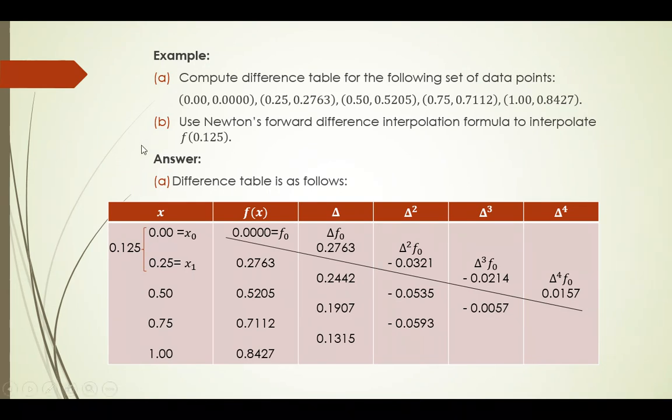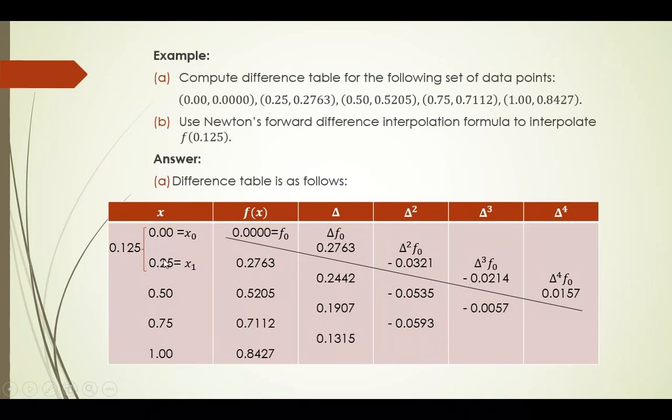that you need to note the value of xp. This is the value of xp, and you will search which two values of x this value of xp lies between. 0.125, this is actually 0.1, so 0.1 lies between 0.0 and 0.2.